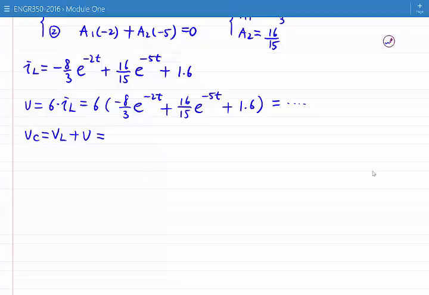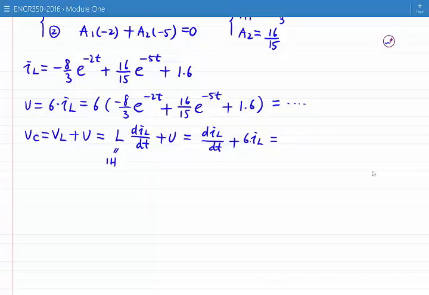So it is equal to L dIL/dt plus V. Because L is 1 Henry, it is equal to dIL/dt plus V, and V is equal to 6 times IL. Because we know IL, we can calculate VC easily. So let's take the derivative of IL.